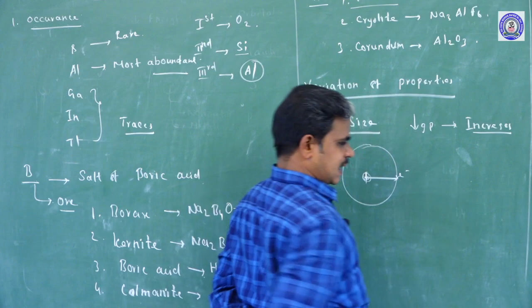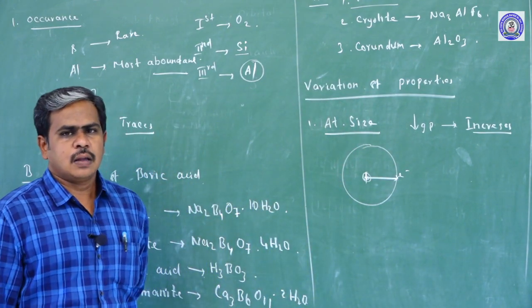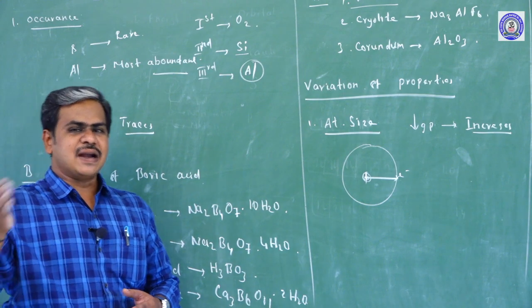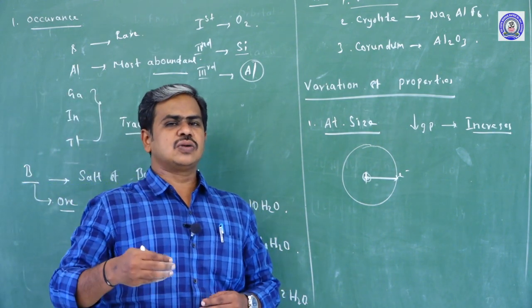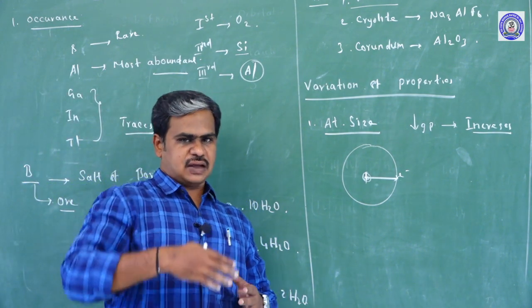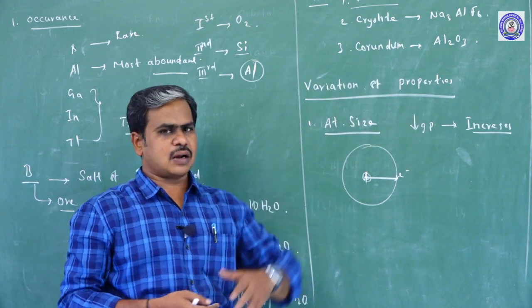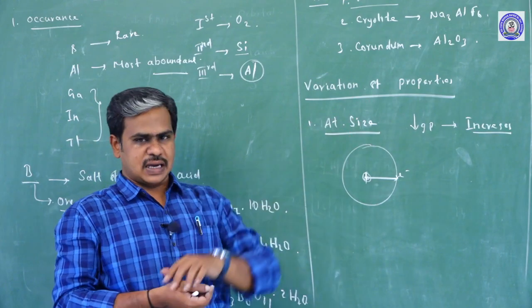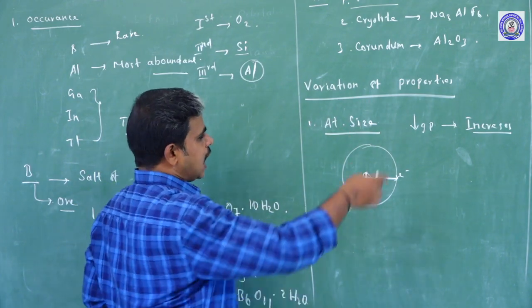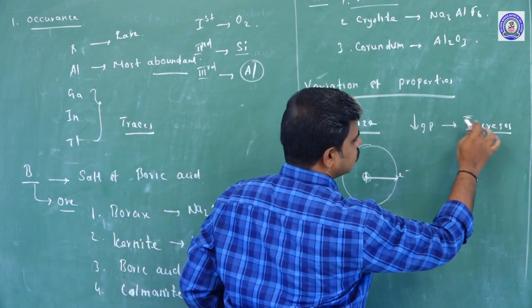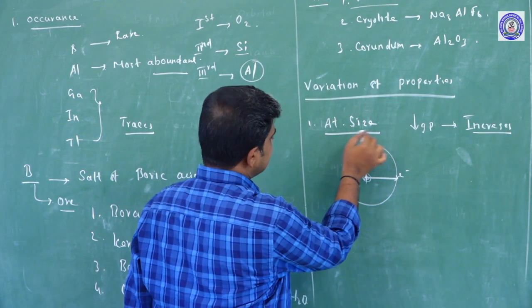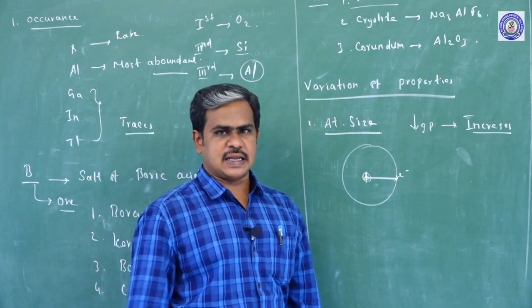Why does it increase? Because electrons are added to the next electronic level. You know that in the electronic configuration n will be varying. So additive electrons are added to the next electronic level, so atomic size increases.